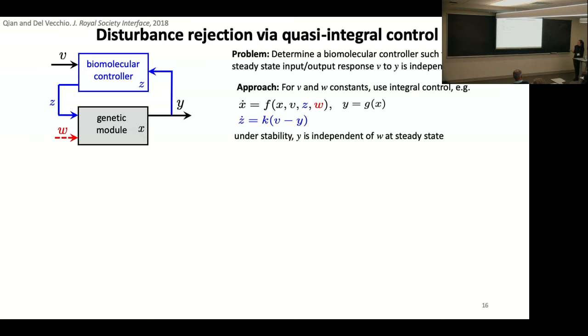It's the notion where in your controller you have a reaction or a dynamics that contains an integrator of the error between the outputs and the reference input, okay? Under stability conditions, and I won't go into those details, y at steady state becomes independent of the disturbance, and essentially tracks only the reference. Okay? So that's standard integral control, what works in your automated cruise control, etc.